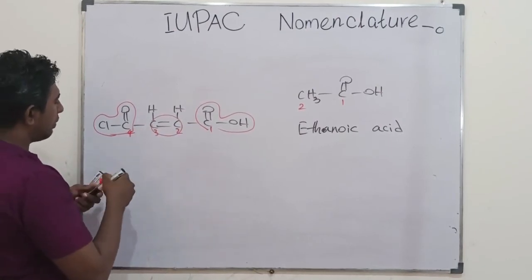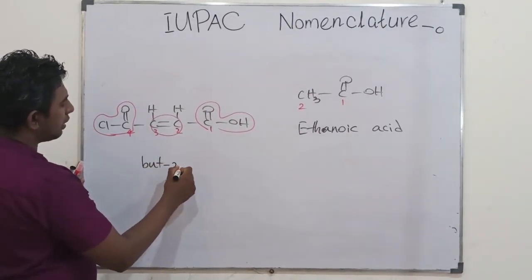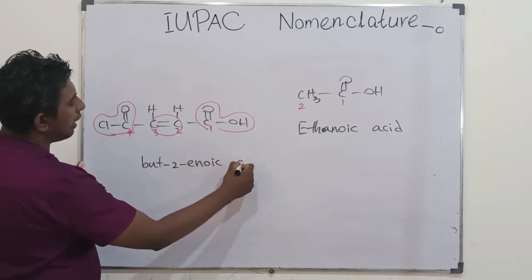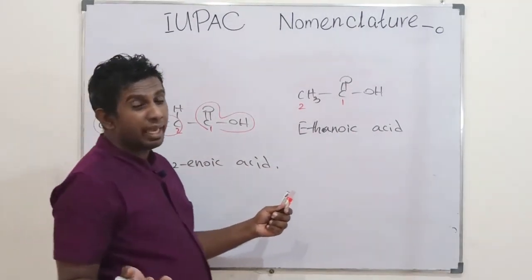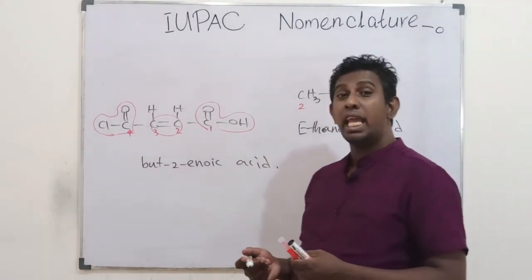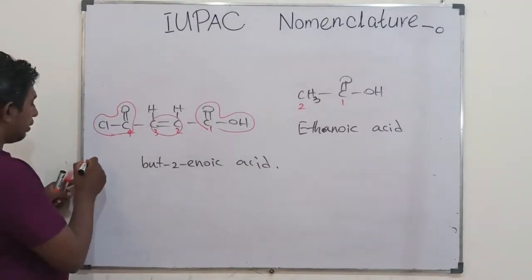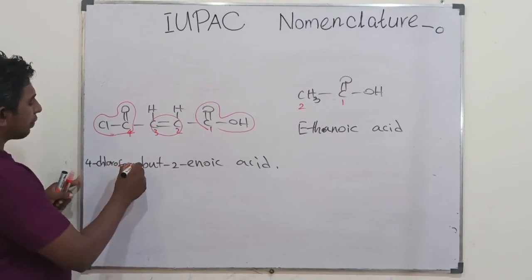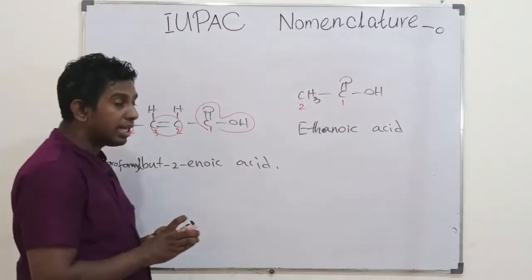Then it's a but. It's an alkene, so but-2-ene, cut the vowel sound E, so it's oic acid. Then the acid halide is the subfunctional group. So it is haloformyl. In this context, it's chloroformyl on fourth. The name is 4-chloroformylbut-2-enoic acid.